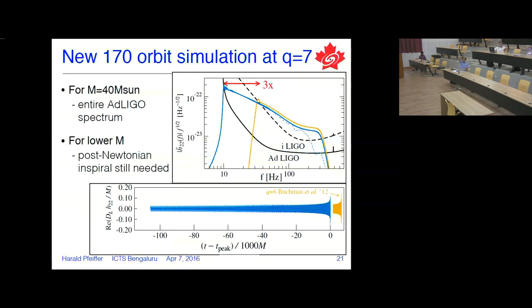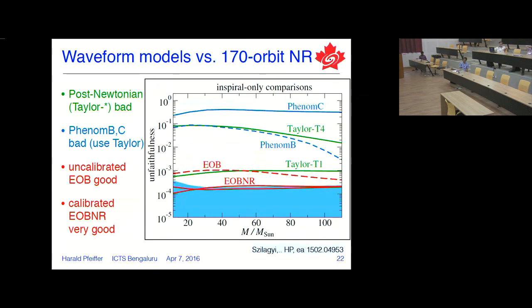And so for reasonably large masses, we're now able to cover with some of these simulations the entire advanced LIGO noise curve and perform tests like the ones shown on page 22, where we can quantify how good or bad different waveform models are in this earlier part of the waveform that previously was only accessible with post-Newtonian techniques.